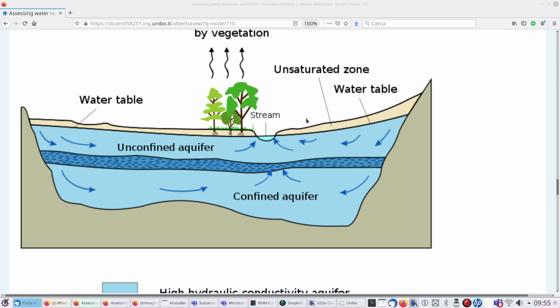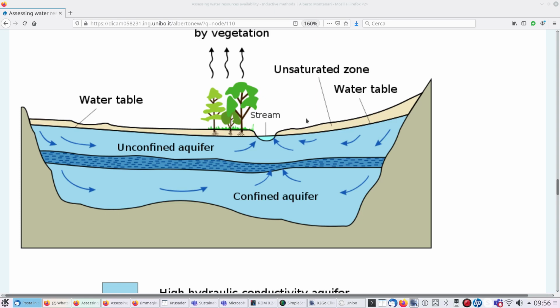And what is usually done, besides monitoring how they react to withdrawal, is we also aim to see how they react to pumping tests. Pumping tests means that we typically make a stress test. We try to withdraw a lot of water from the well, and then we see how long it takes to recharge.